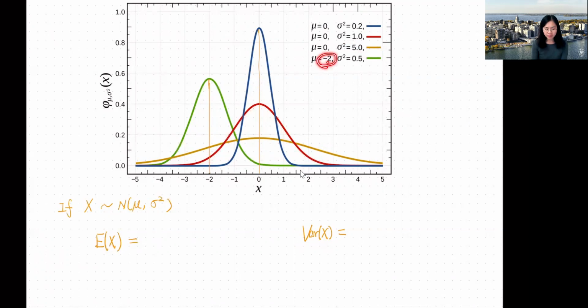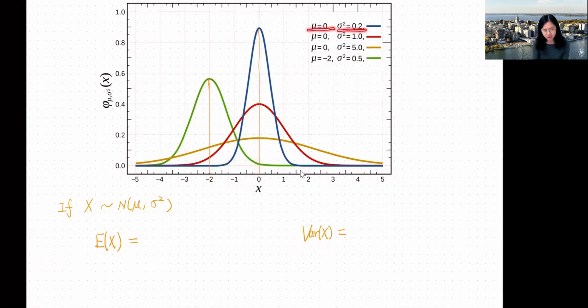Well, changing mu will change the center of the probability density function. So when you change mu from 0 to -2, you can see the center of the probability density function moves to -2 from 0.